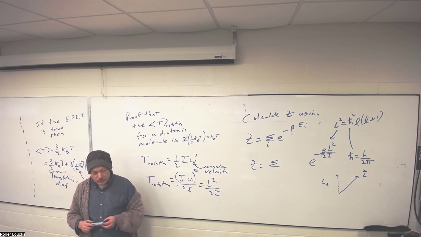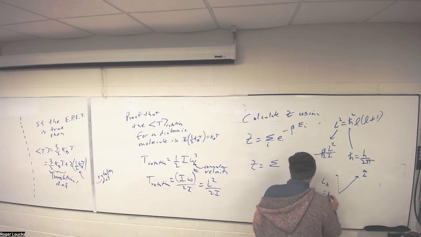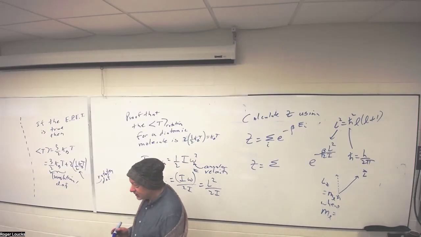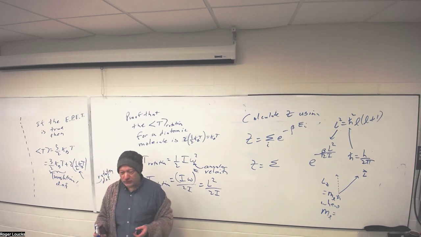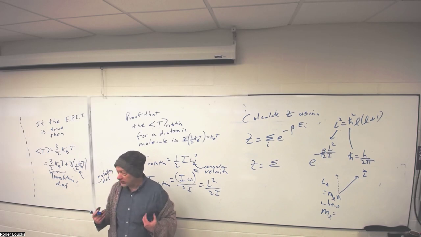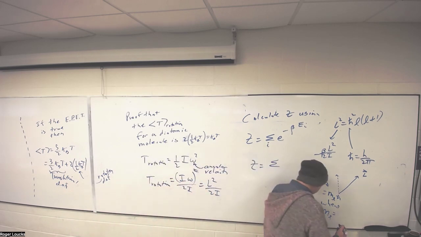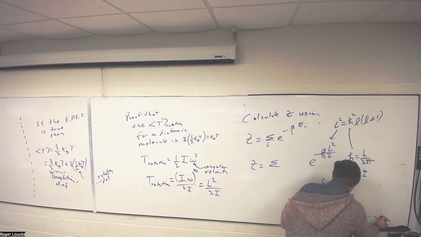H bar times M sub L. So M sub L goes from where to where? From L to minus L. I always start with a positive, so it'd be L, L minus 1, all the way down to minus L.